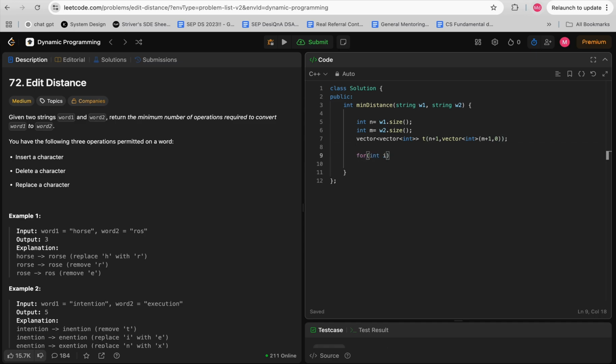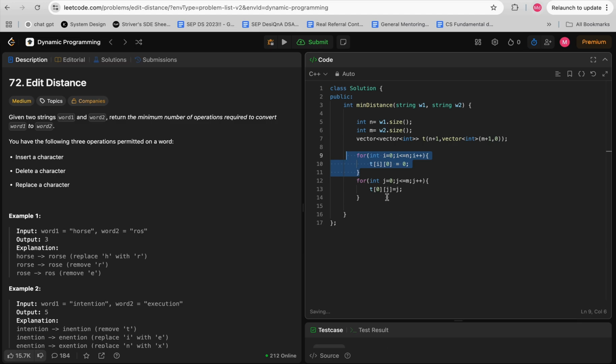We will initialize i equal to 0, i less than or equal to n, i plus plus. So t of i of 0 equals i, else for j less than or equal to m, j plus plus, t of 0 of j equals j. So the first row and first column we are initializing.